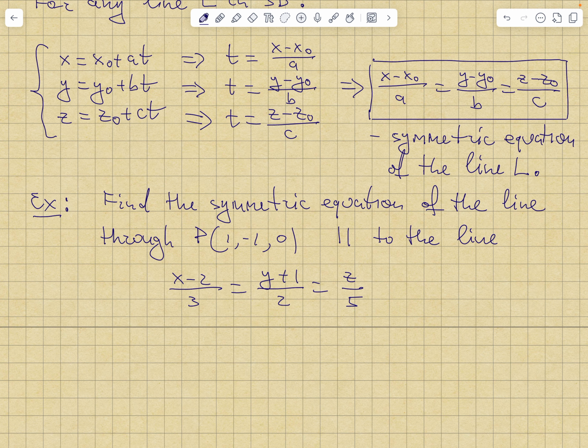Okay, so to find the equation of a line, I need to know the point, and I need to know a vector in the direction of a line. So in this case, the point is given to me. The vector is not given to me, but what is given to me is the symmetric equation of a line that is parallel to my line.